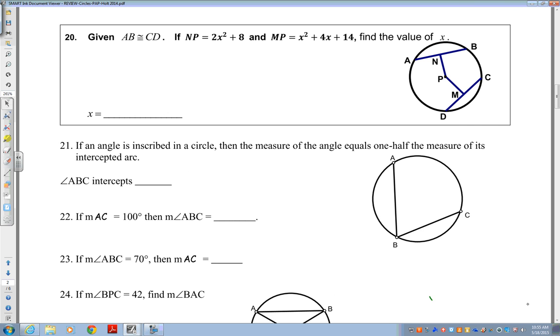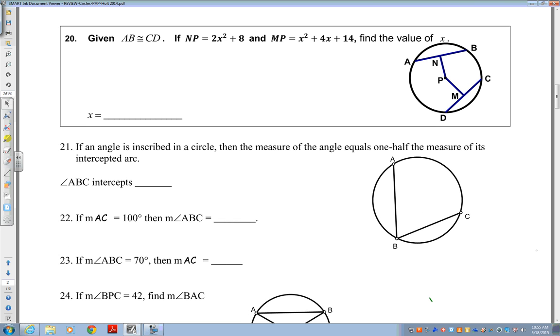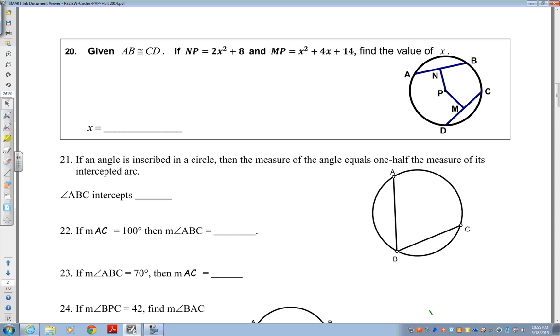Alright, this section, this page. Oh, there's an error, excuse me. That should be 5x. I felt something was wrong with this. I could not figure it out. Sorry, please correct it. Fix 20.